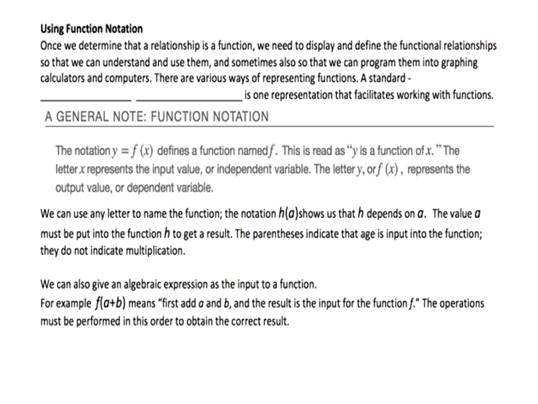So there are various ways of representing functions. A standard function notation is one representation that facilitates working with functions. Okay, so let's say I have the equation. We'll go back to our 3x plus 7 is y.